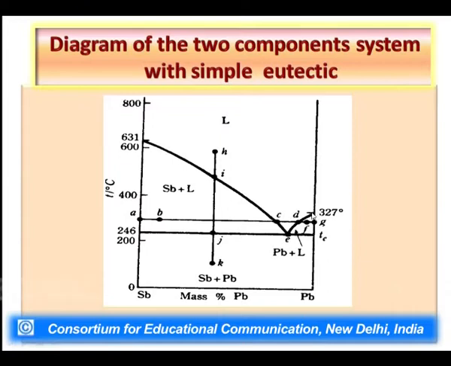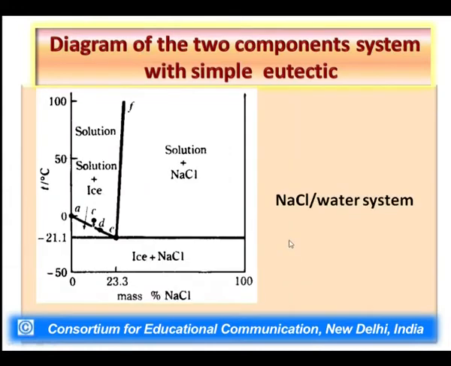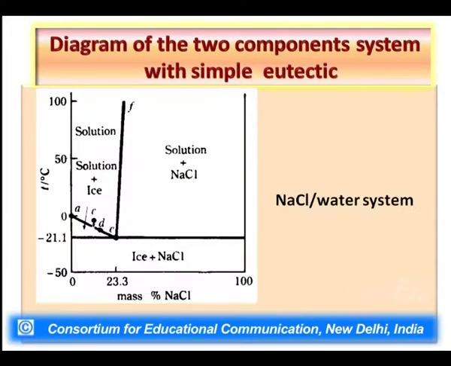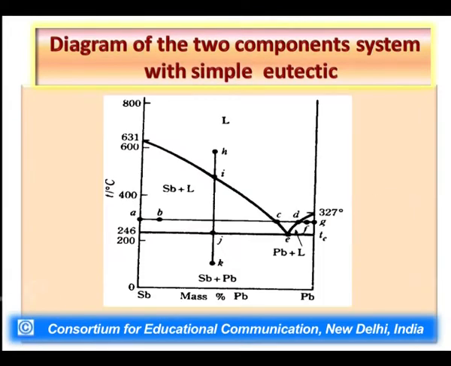Now, from the phase diagram, it is very clear that pure lead melts at 327 degrees Celsius, where this pointer is pointing in the figure, and 631 on the antimony axis represents the temperature at which antimony undergoes melting. Now, there is a eutectic also. The eutectic lies at 241 degrees Celsius.